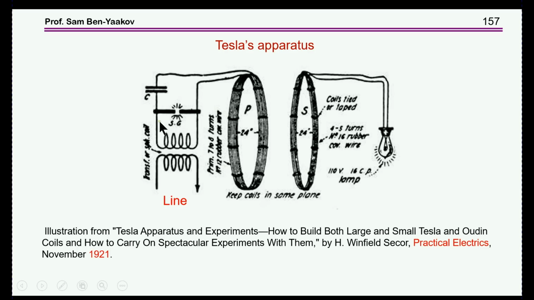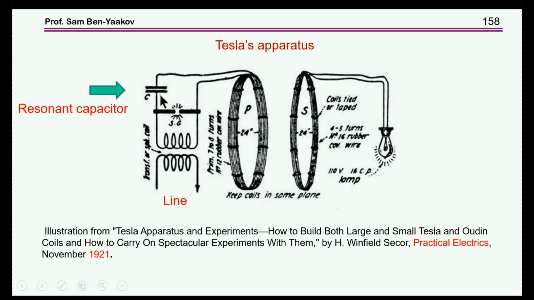What it has is a transformer, primarily for isolation and high voltage here, a sparker, a capacitor, and this is the transmitting antenna, and this is the receiving antenna. There's a light bulb, and as you turn this on, it'll light the bulb. Now, here we have a resonant circuit with the capacitor.